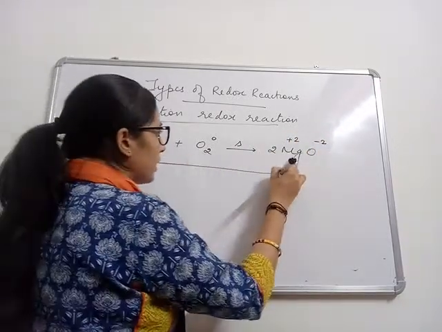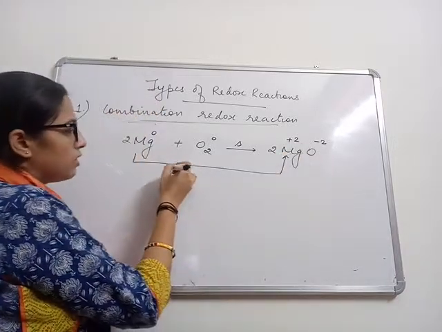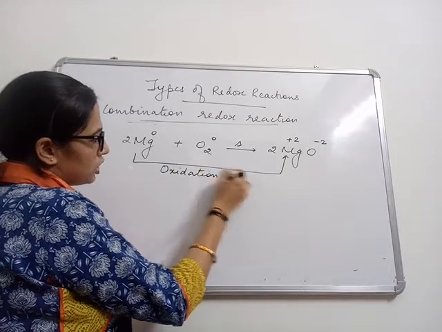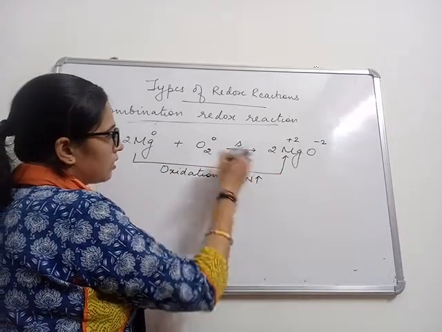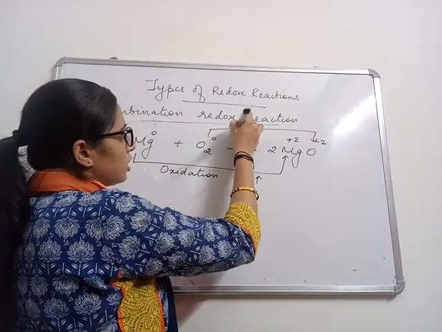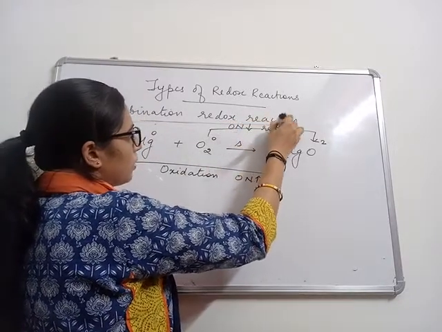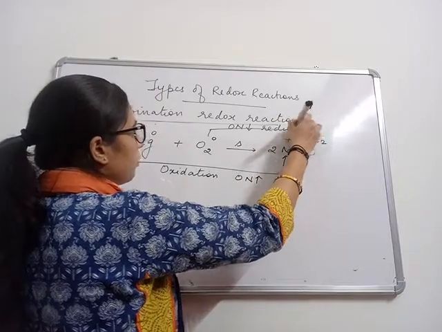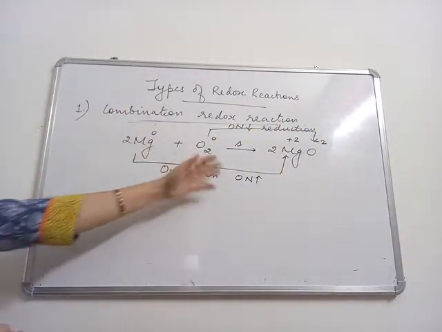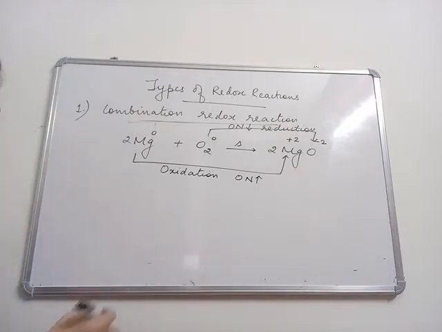So the change of magnesium from 0 to +2 is an increase in oxidation number, so it undergoes oxidation. Oxygen goes from 0 to -2, so oxidation number is decreased, it's undergoing reduction. So both the processes are taking place simultaneously. So it's a redox reaction and it is a type of combination redox reaction.